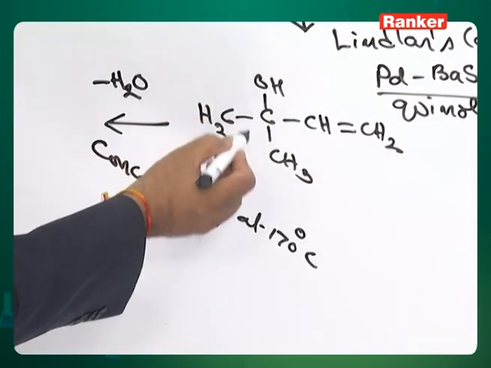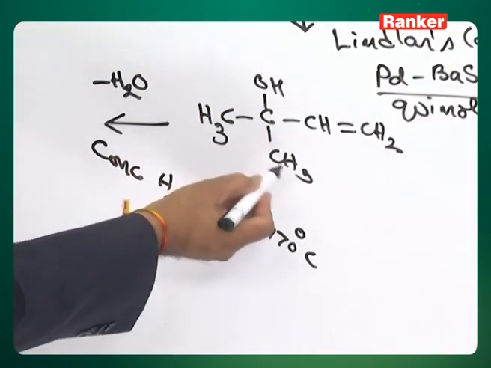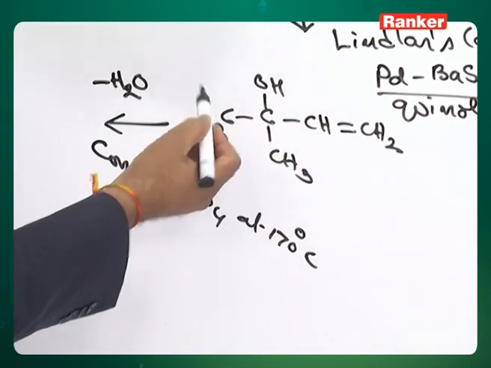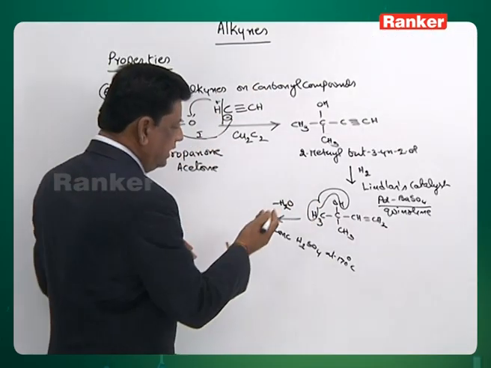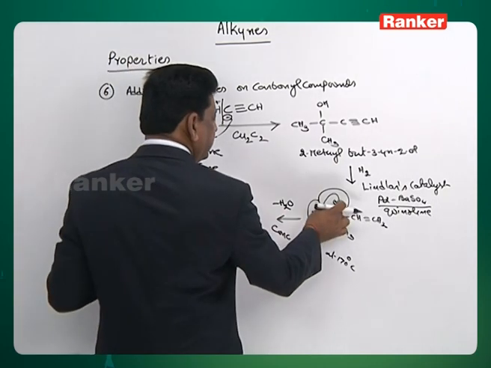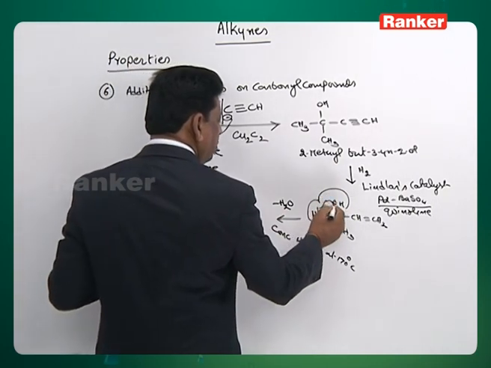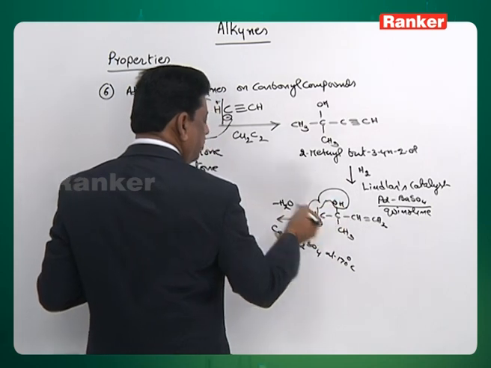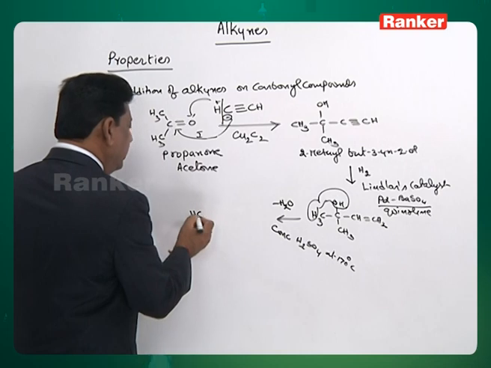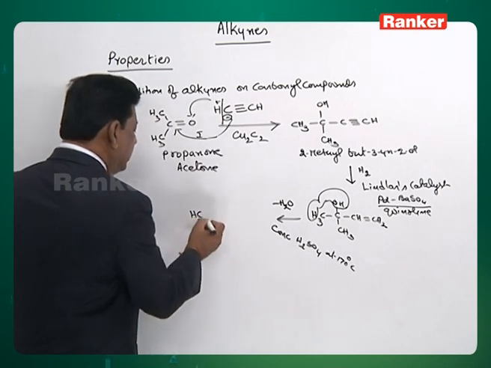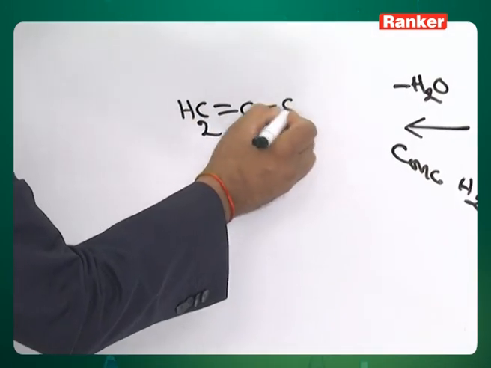One H from this side and the OH from the other side will be eliminated, so the OH and the H are both removed as water. So a double bond will come. We already have a double bond on that side, and this side also you will get one double bond.